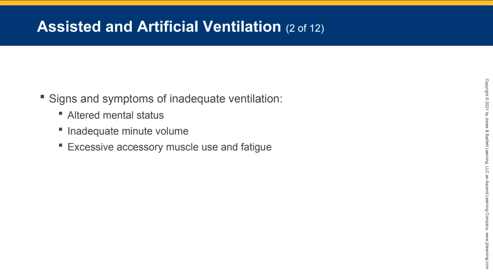If the patient is not ventilating at all, and you are using a BVM or a pocket mask on that patient, then it is referred to as artificial ventilation because the patient does not have any chest movement. You're creating the chest movement. So that's really the difference.